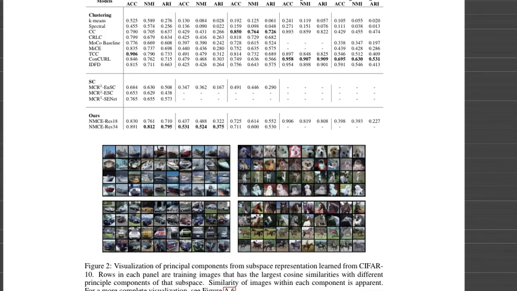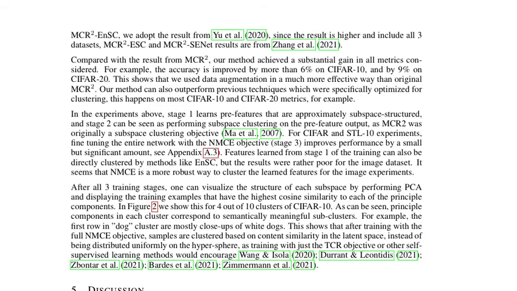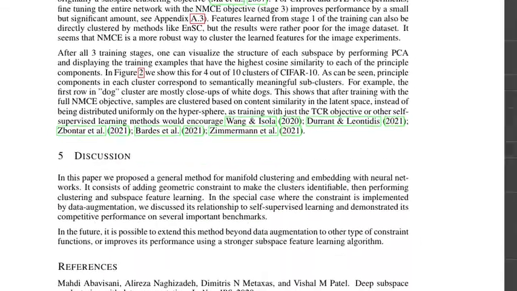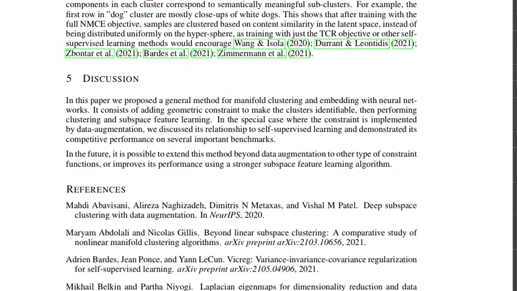Here they have the result of the clustering performance. They have utilized the three metrics of clustering accuracy, normalized mutual information, and adjusted random score, or ARI. The interpretation of the results is this part, that this method is outperforming the results of the previous methods. To sum it all up, this paper proposed a general method for manifold clustering and embedding.